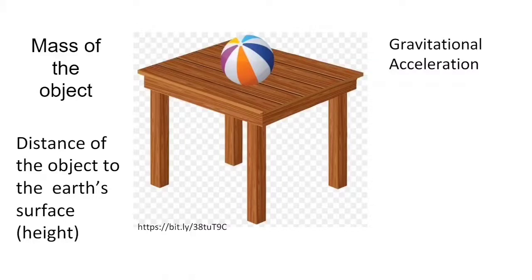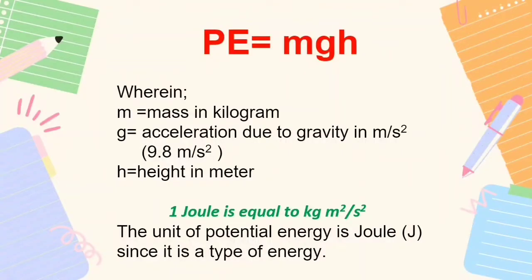If we are going to combine these three quantities, we could say that potential energy is equal to m, g, and h, where m is the mass of the object in kilograms, g is the constant acceleration due to gravity in meters per second squared, and that is 9.8 meters per second squared, and h is the height in meters.